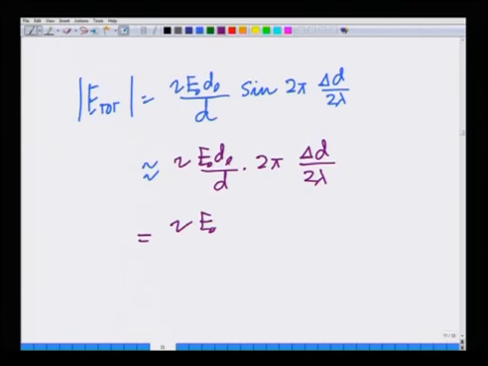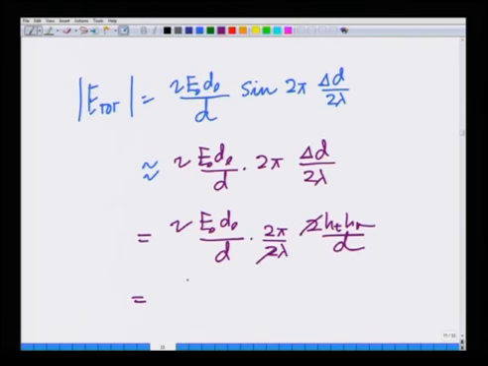And now I replace delta D by 2 HT HR by d, which is essentially equal to 4 pi E naught d naught HT HR by lambda d square.